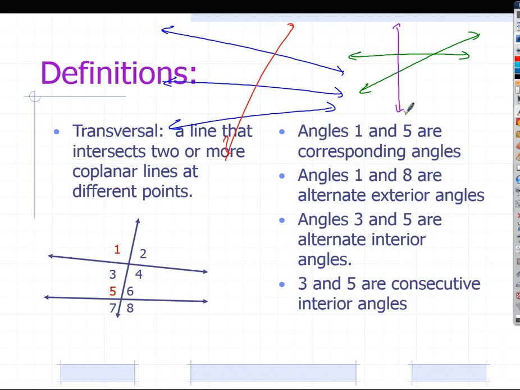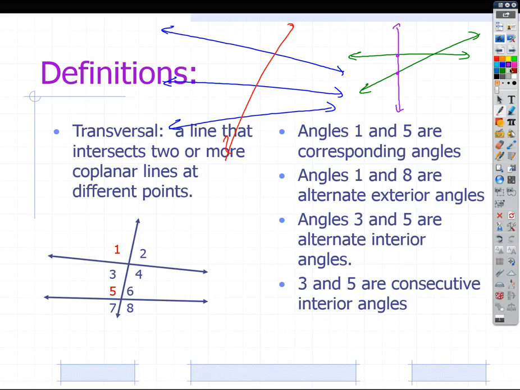Yes. See if it fits the definition. Does it intersect 2 or more coplanar lines at different points? Yes, it does. At the 2 purple points, right? It intersects 2 different green lines at 2 different points. So it's a transversal, agreed? Okay, what about the orange line?